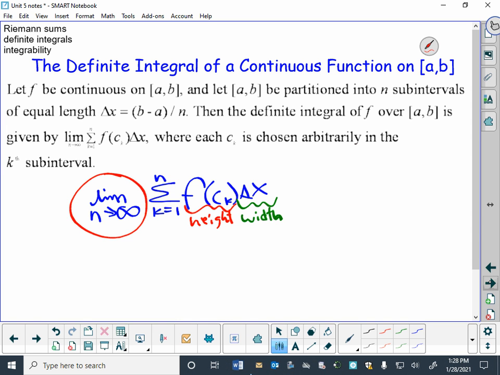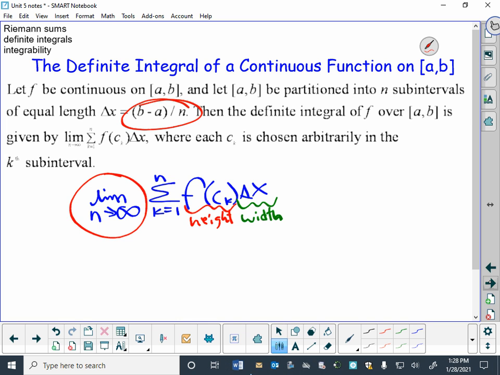Well, if you make an infinite number of rectangles, then the biggest one on the bottom is definitely going to 0. Certainly ours would be going to 0 here because we've got a fixed number divided by a number that's going to infinity. This b minus a over n, as n goes to infinity, is definitely heading towards 0. So that satisfies the limit of the magnitude of the partition going towards 0.